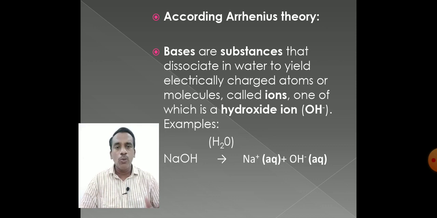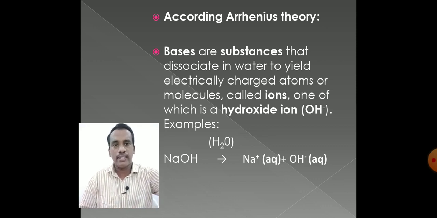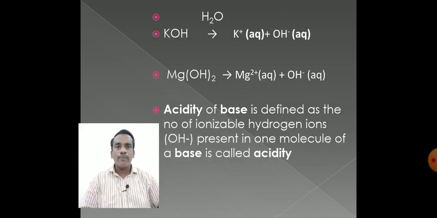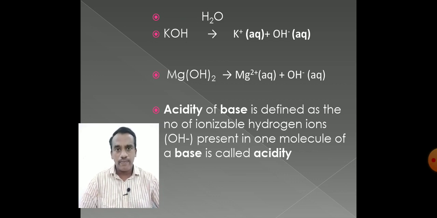Let us take a few more examples of bases. Can you observe here KOH? It is called potassium hydroxide. When it is dissolved in water, it dissociates and gives K plus ions and also OH minus ions. So the compound that generates OH minus ions is called a base. So potassium hydroxide is also called a base.